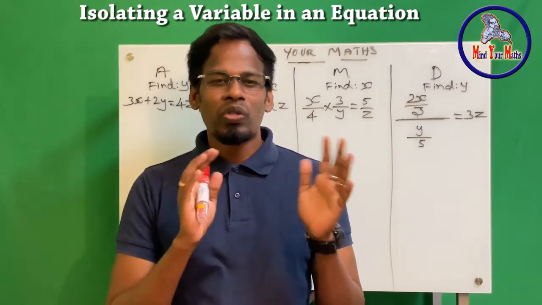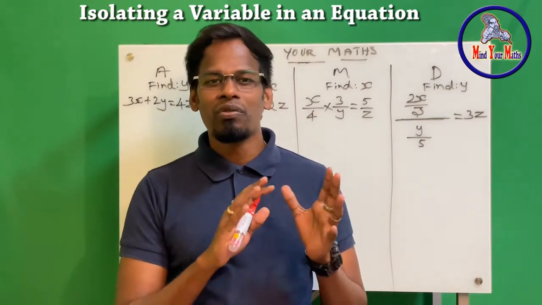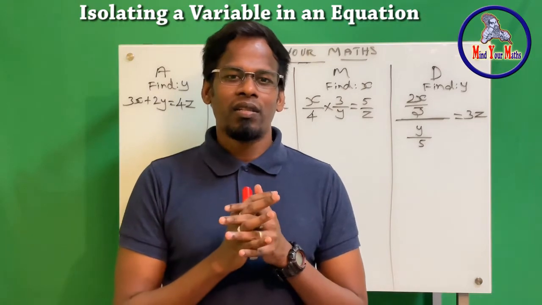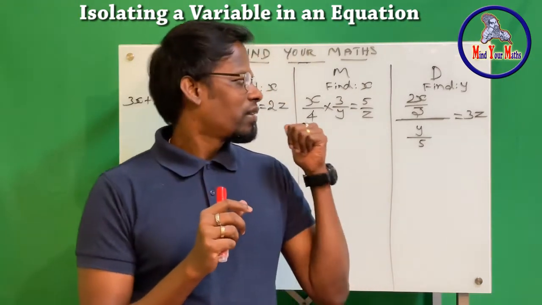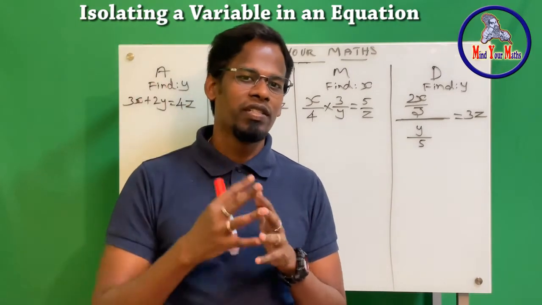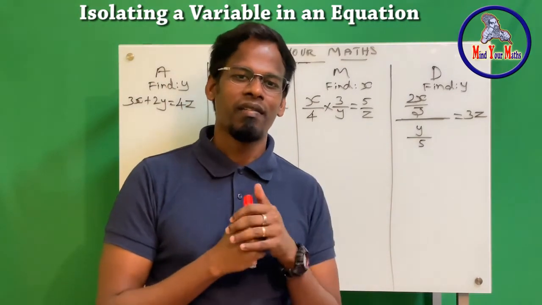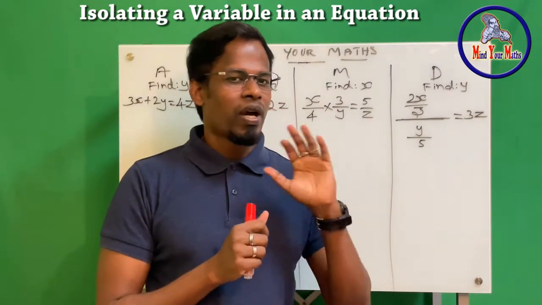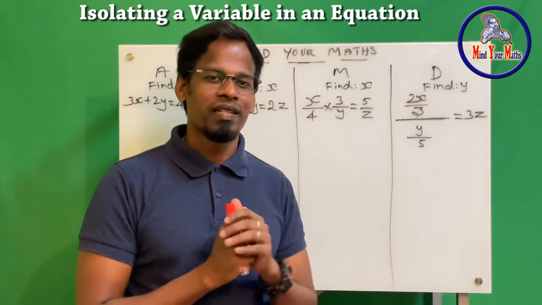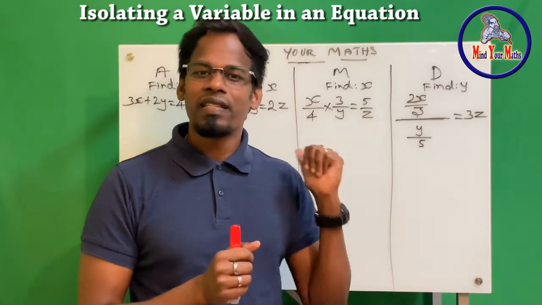So most of the people get confused how to isolate a variable and things like that, right? So let's see. This is the foundation. This is the fundamental for any bigger algebras when it comes to isolating variables, right? So if you understand this one, you can solve any big problems when it comes to isolating the variables. Yeah, let's see how, right?